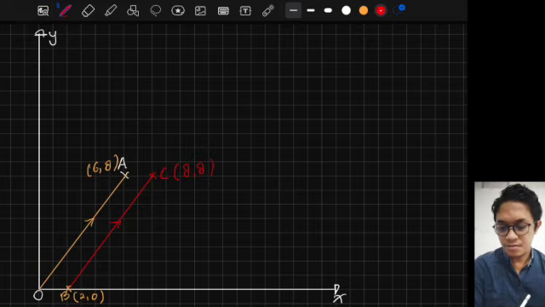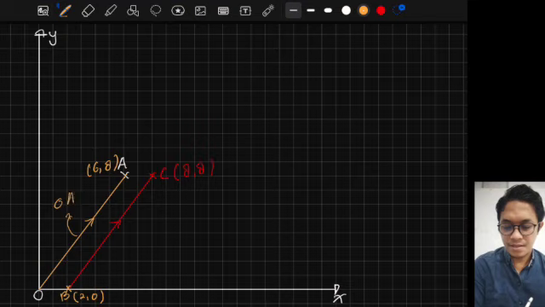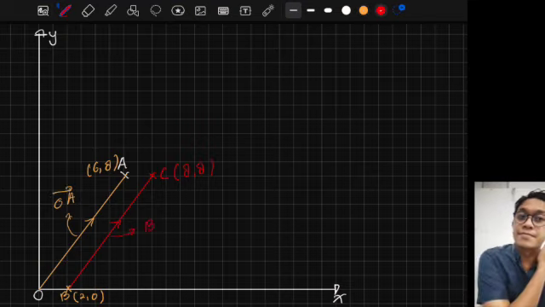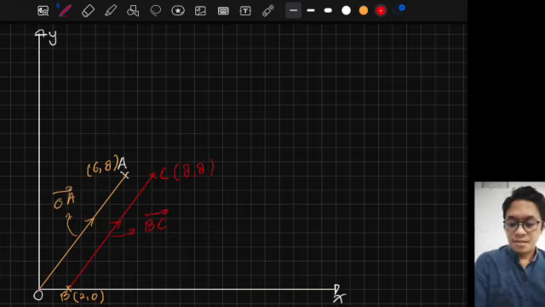This is called vector OA, and this is called vector BC.